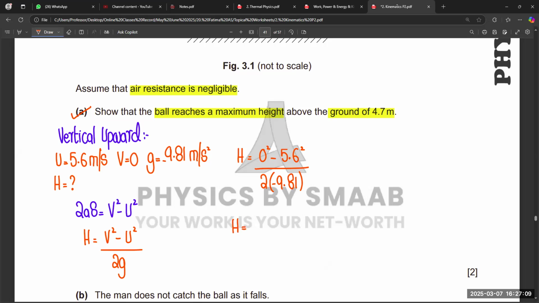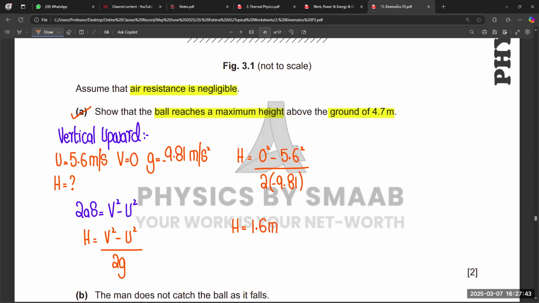So we are getting the final answer. 5.6 square is equal to 31.36. The final answer is 1.59. It means 1.6.